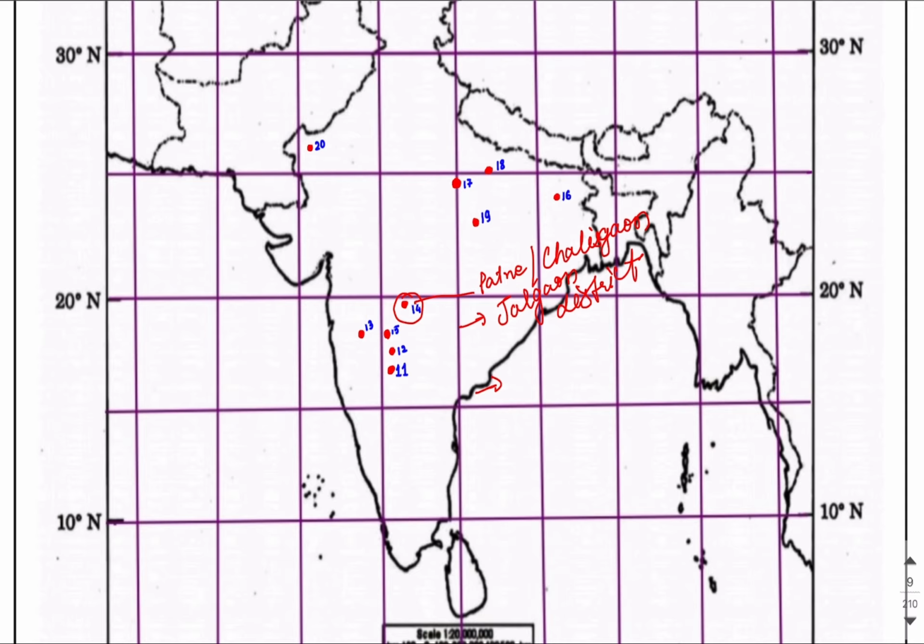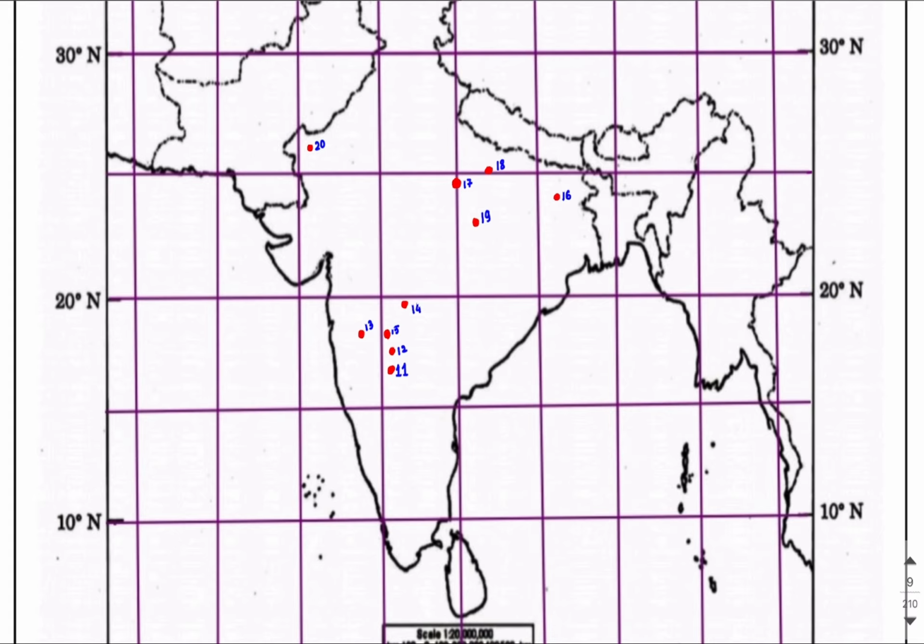The tools found belong to the middle and upper Paleolithic, and Mesolithic tools are also found here. So Patne belongs to the Paleolithic plus Mesolithic. Sometimes UPSC also asks you to identify this place, which is known as both Paleolithic as well as Mesolithic. So you have to know about these things also.